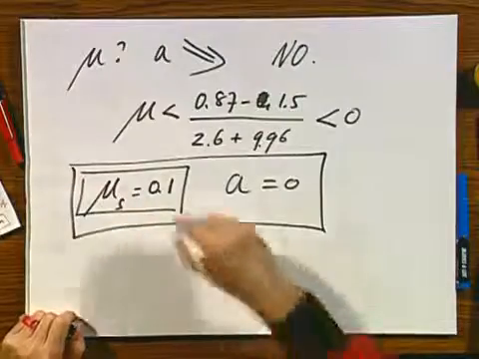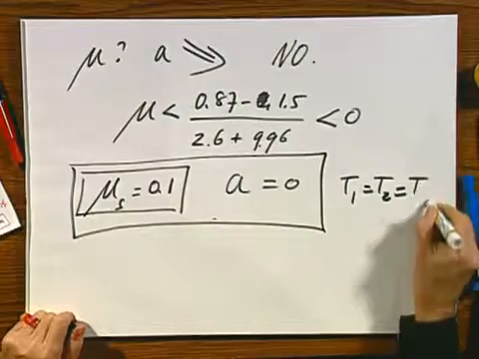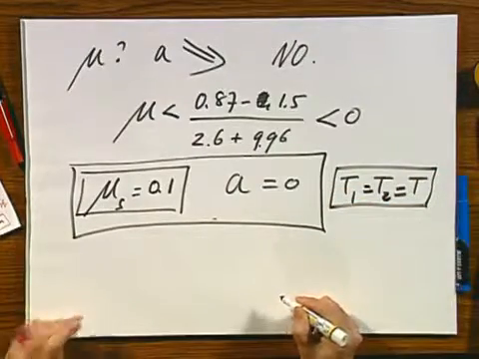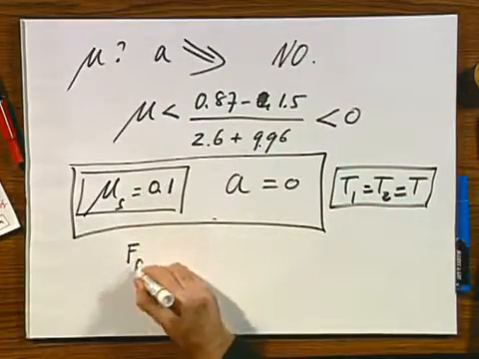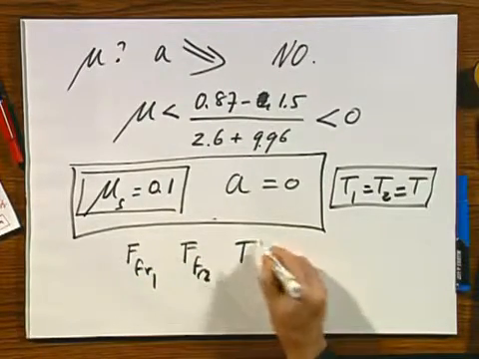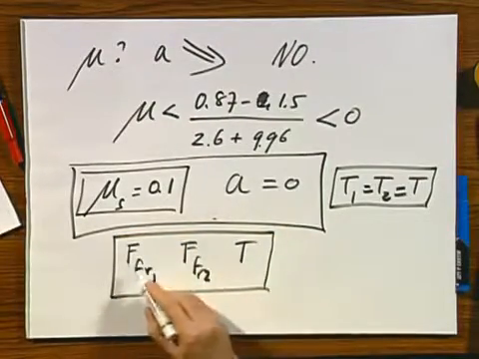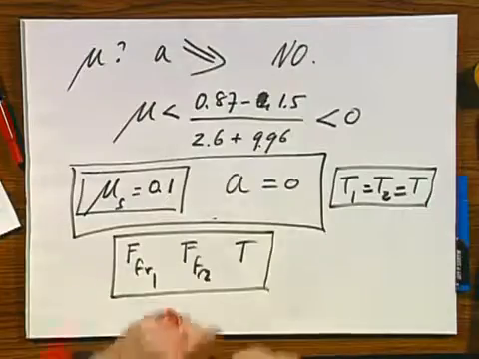I'll help you. If the pulley is not rotating, T1 equals T2 equals T, that you can use. And I want you to calculate now what the frictional force 1 is, and what the frictional force 2 is, and what T is. And what you may find, to your great surprise, is that this combination is not unique. Nature has several possibilities of doing this. In other words, there are several values of T that are allowed that meet the condition that A is 0.